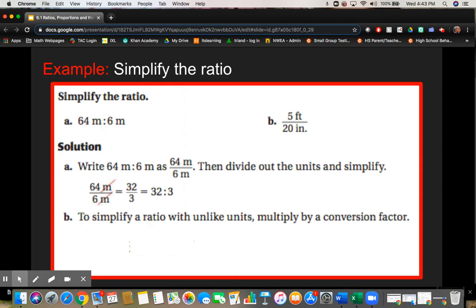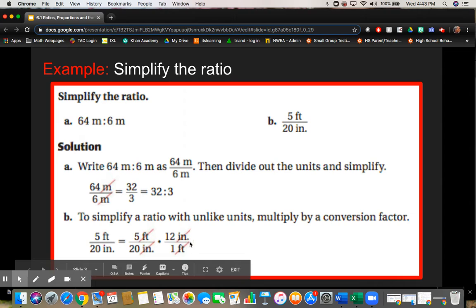But let's look at B, 5 feet to 20 inches. We're going to need to divide out feet and inches from this problem. So we need a conversion factor. We know that there are 12 inches in 1 foot. So we're going to multiply by 12 inches over 1 foot.